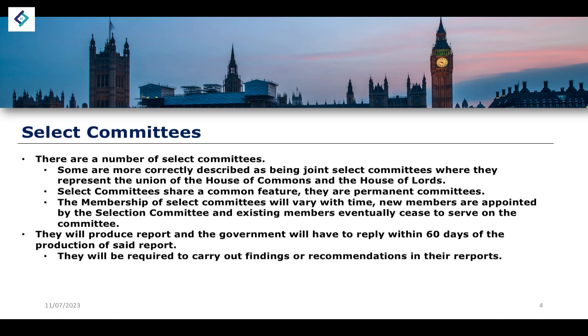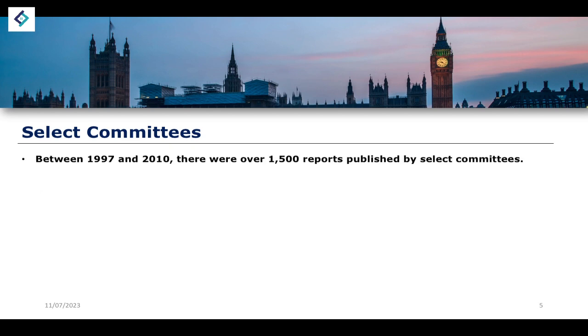Now, essentially, these reports will have a number of different findings, and it will be a requirement that the government act on these findings and make changes to whatever policy, whatever action they are being scrutinized for, through the findings or the recommendations, and they'll have 60 days to reply to the report in question. Now, between 1997 and 2010, there were over 1,500 reports published by select committees, and this led to the creation of over 40,000 recommendations.